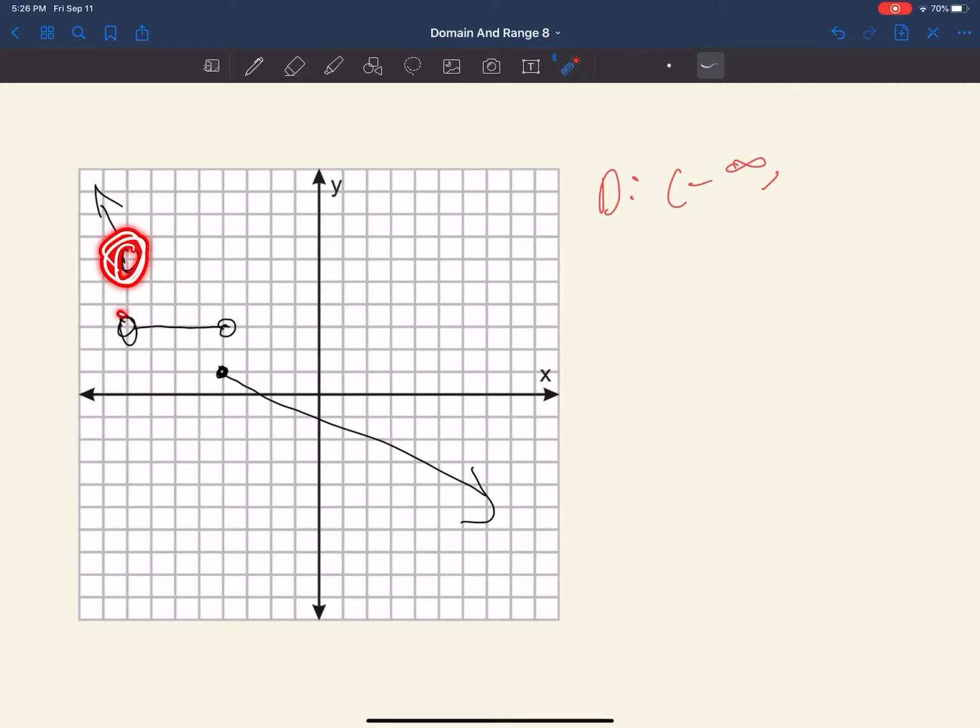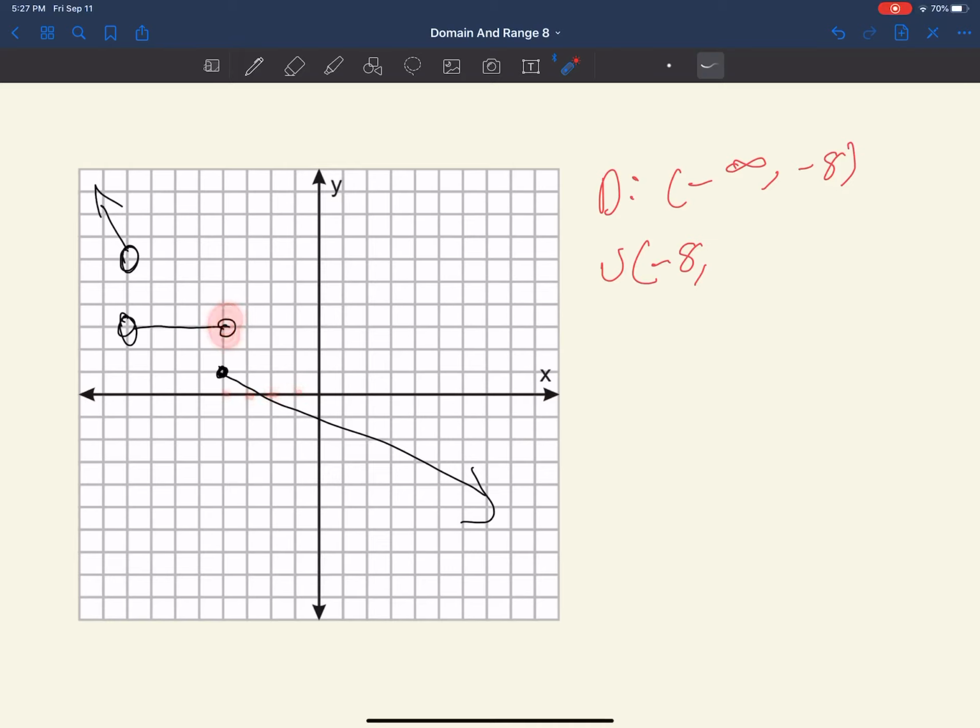Negative 8 is not part of our domain because both times that it happens, they're open circles. So we need to stop our interval at negative 8, but we do pick up right after negative 8 on the opposite side. So I can open my interval with negative 8, come down up to negative 4.